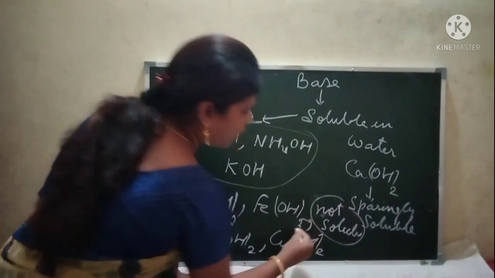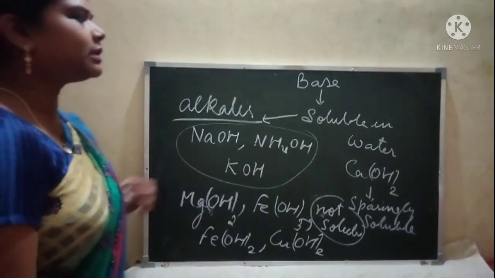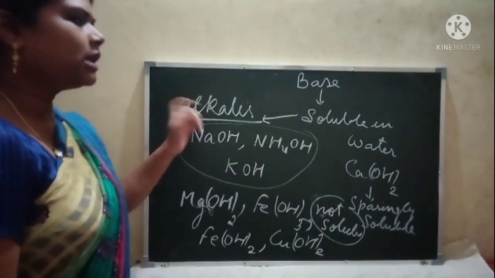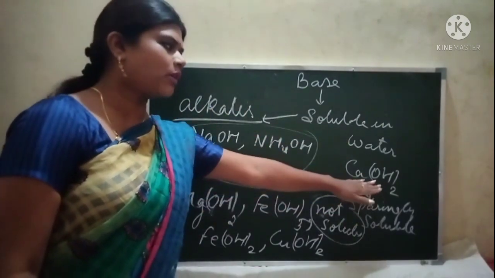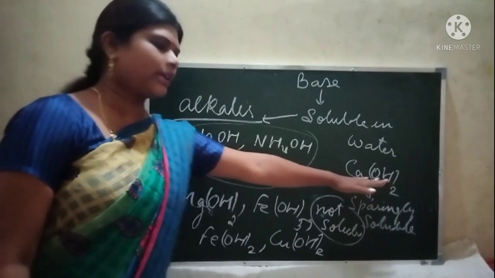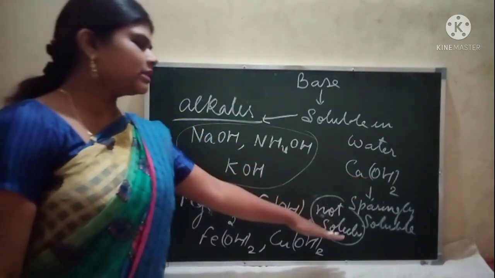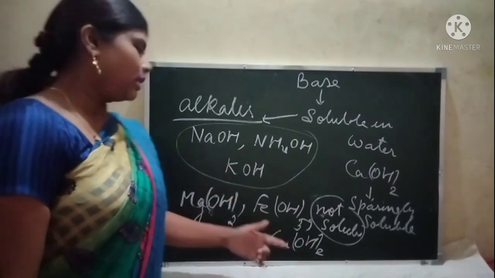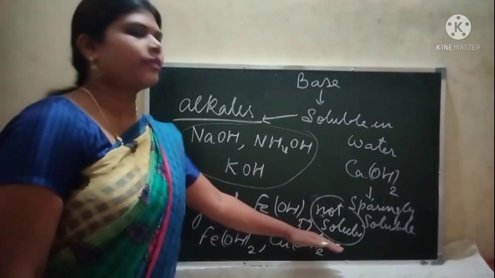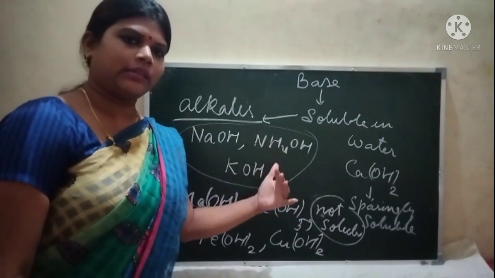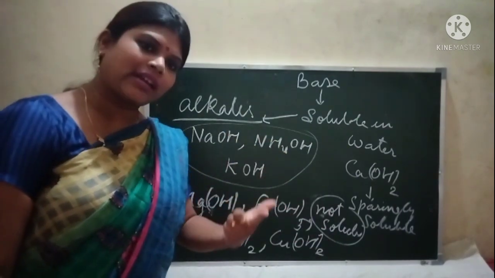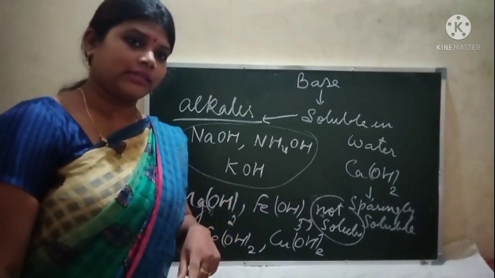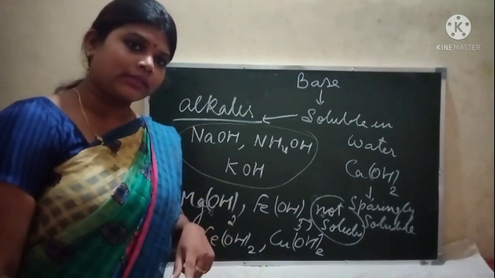The bases which are soluble in water are called alkalis. Calcium hydroxide is a sparingly soluble base, and the bases which are not soluble in water are bases but not alkalis. That means all alkalis are bases, but all bases are not alkalis. Understood class? Okay.